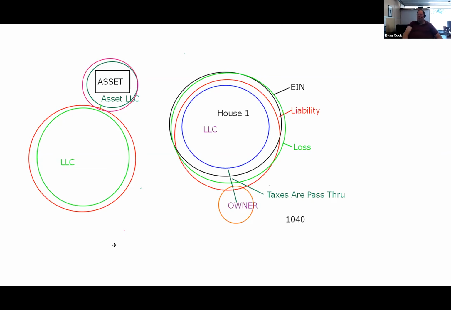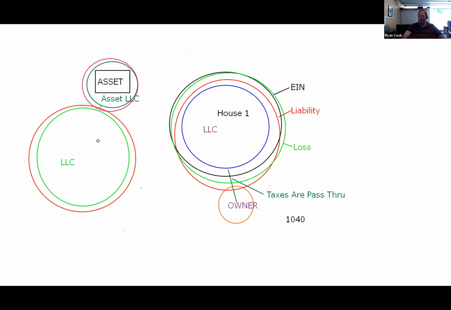All right, but now let's go back to the first one here. Now remember, does that make this clear for the LLC, how cool this is? To throw your asset into an LLC does not take much. It takes a filing.